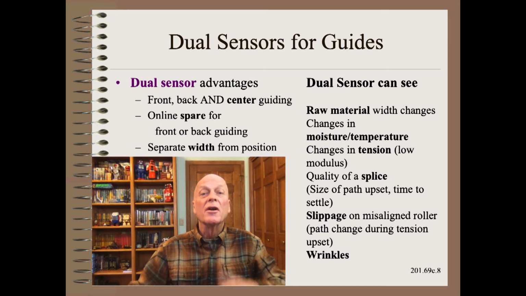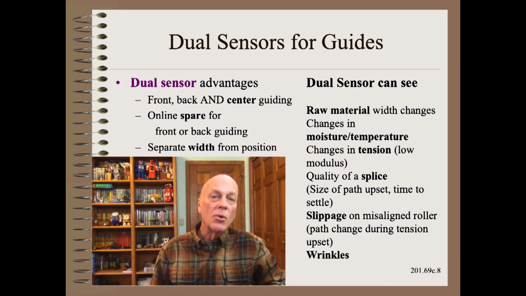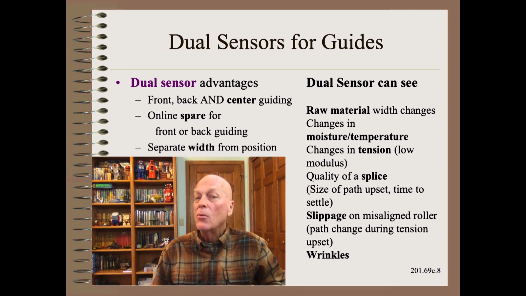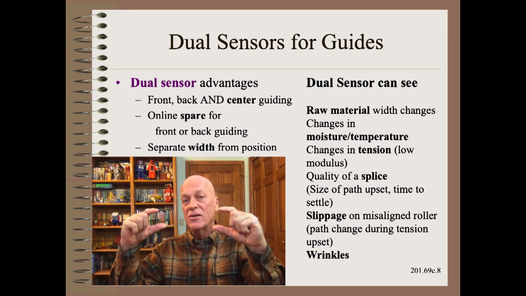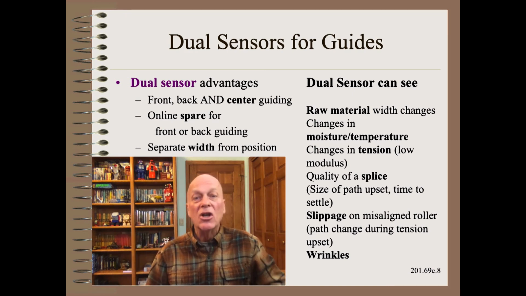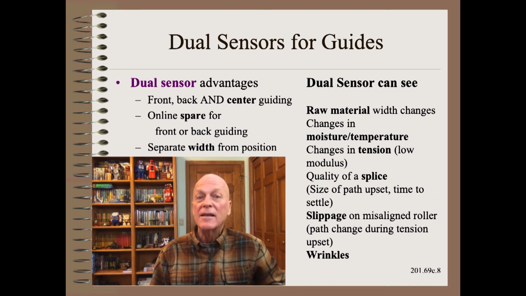No discussion of width would be complete without mentioning a cheap and easy way to automatically measure width continuously and with high precision. That is to use two edge sensors. Not only can the dual edge sensor detect incoming raw material width changes, it also can see the response of the web to moisture, temperature, and tension changes.